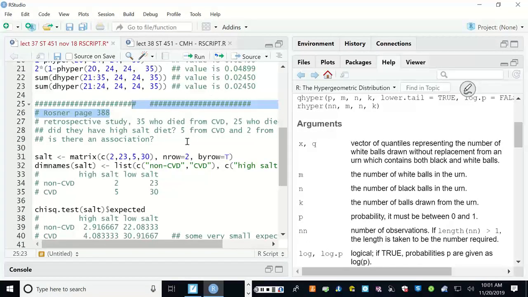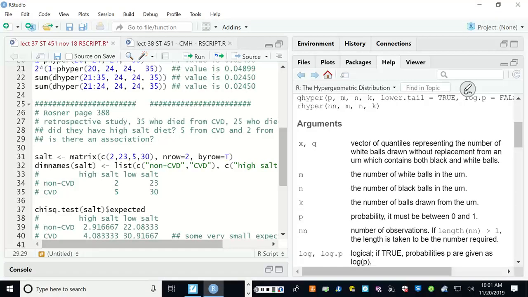So, this is a book on fundamentals of biostatistics by Bernard Rosner. And it's a retrospective study of 35 people who died from cardiovascular disease and 25 who died from other causes, and then asking did they have high salt diets. Right? Where did warnings about sodium and blood pressure and things come from?